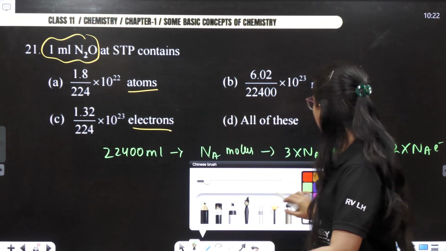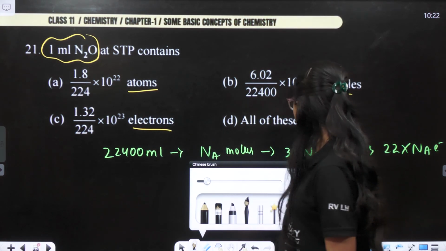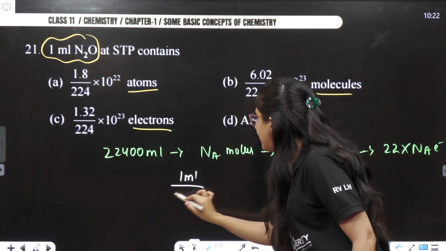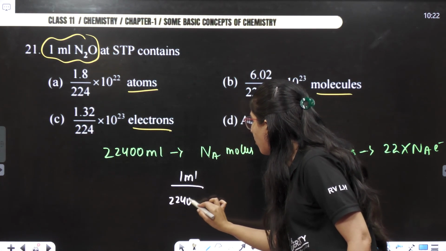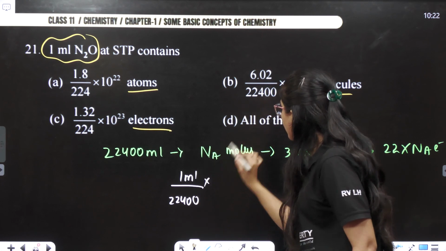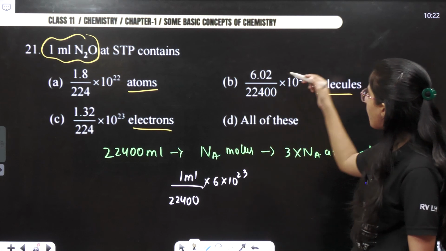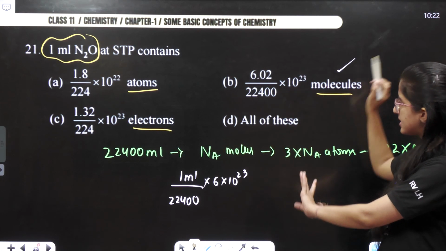So just do it for each case. Now what will be the number of molecules? 1 ml divided by 22,400 into 6 into 10 raised to 23. Correct? This option is given, so molecules is correct. Yes, it is correct.